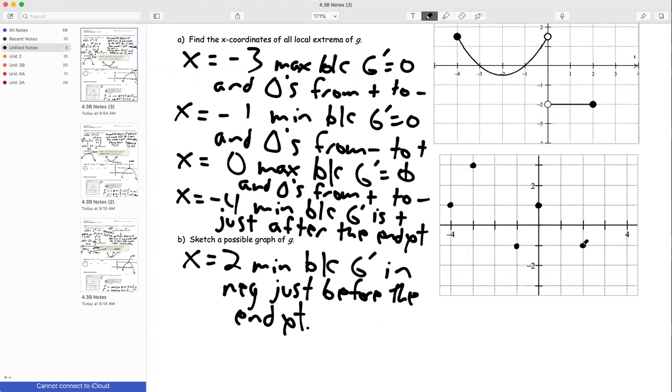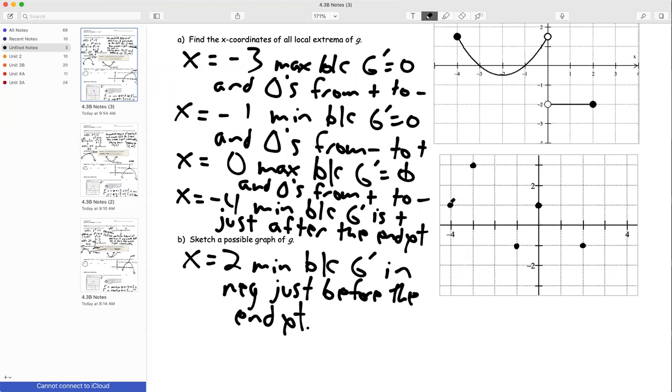The other thing I need to pay attention to is whether the derivative at my extrema is equal to 0 or undefined, because that will determine if I have a horizontal tangent, if it's equal to 0, or if it's a cusp or a corner where my derivative is undefined, and my derivative is undefined at 0. So I need a cusp or a corner there.